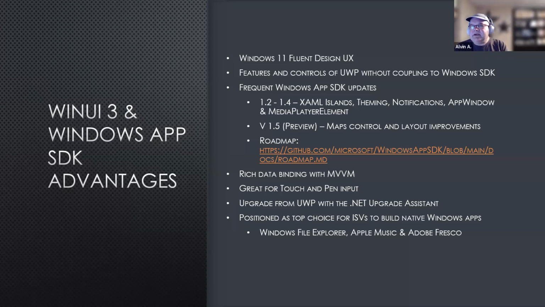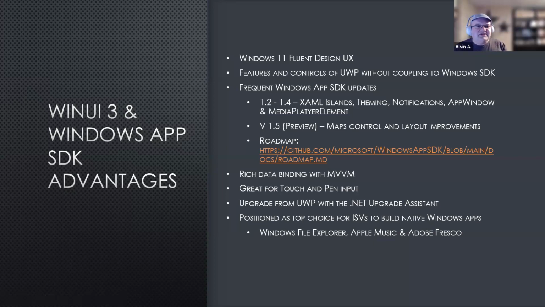And in the upcoming 1.5 version, the first preview of that was just released. There's going to be a maps control, which has been missing. UWP has had the maps control all along, but that's coming back now in WinUI. And some additional layout improvements are coming as well. You can check out the roadmap on GitHub, see what's on the horizon there.